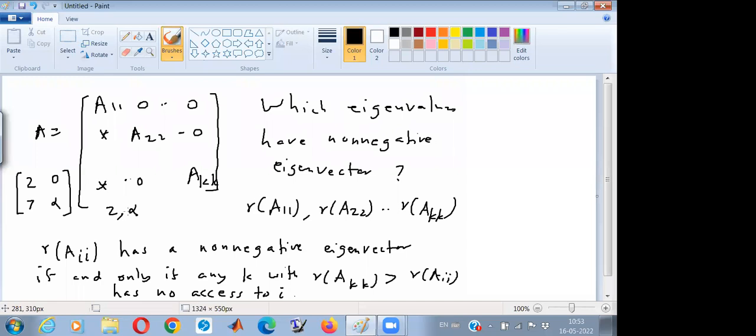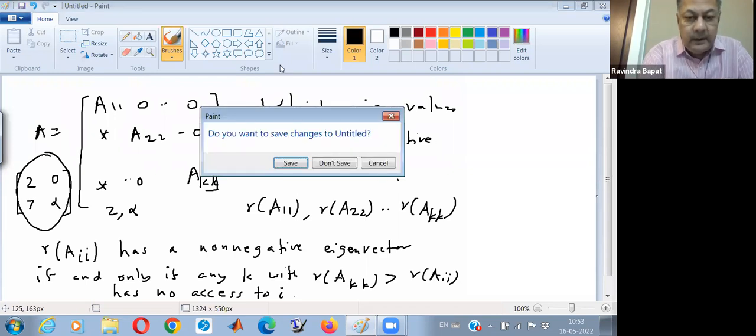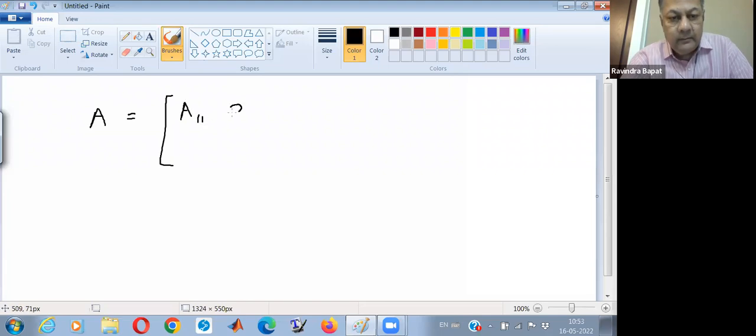And this example essentially can be generalized to the case where there are only 2 blocks in the Frobenius normal form. That means I have a matrix which is irreducible, but after a permutation, suppose I am able to put it in this form, where A11 and A22 are irreducible, only 2 diagonal blocks.